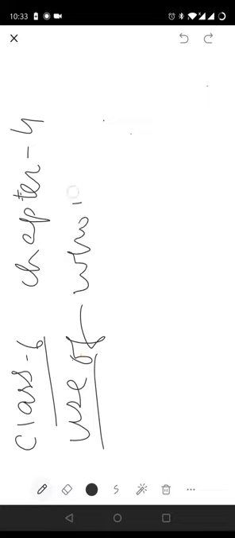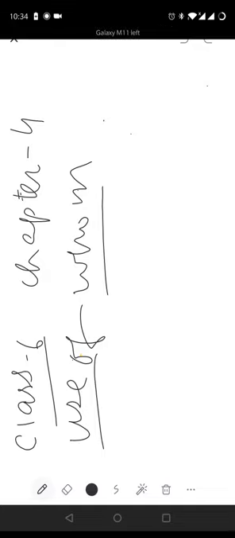Then whom. Where whom is used, basically, whom is also used for a person. Here the object can be singular or plural. You know what is singular and plural.